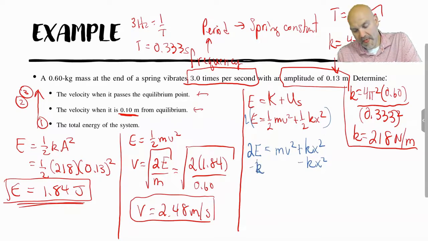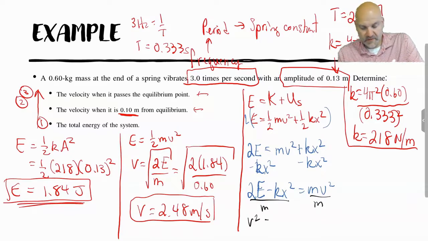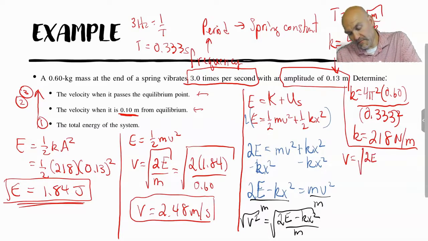Subtract kx squared. And so you end up with 2E minus kx squared equals mv squared. Divide everything by m. And so you end up with v squared equals 2E minus kx squared over m. And then the final step, take the square root of both sides. And so your speed will be given by v equals the square root of 2E minus kx squared over m.